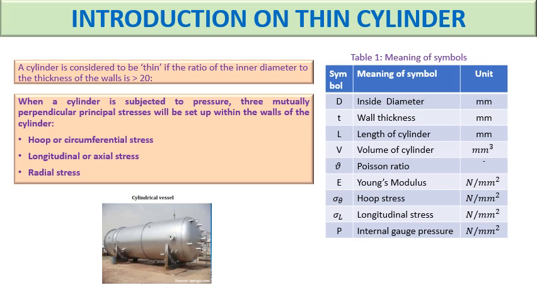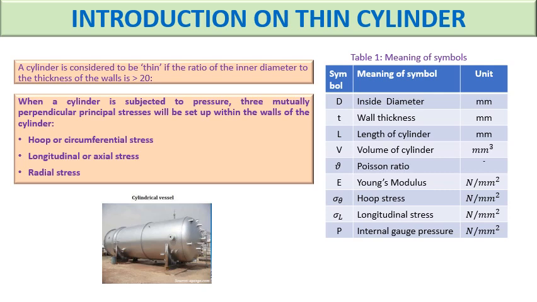Once it is fabricated, extensive testing is carried out by hydrostatic pressure testing for leak proofness. Some of the important design parameters while manufacturing a pressure vessel are the maximum operating pressure and temperature.